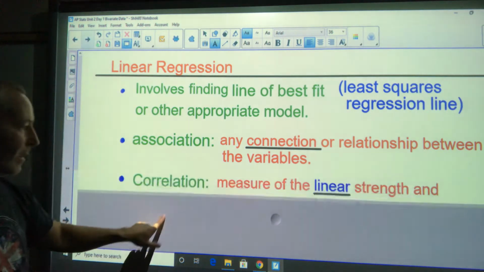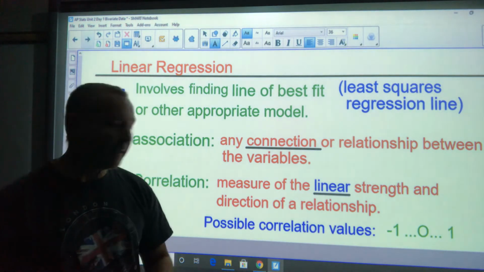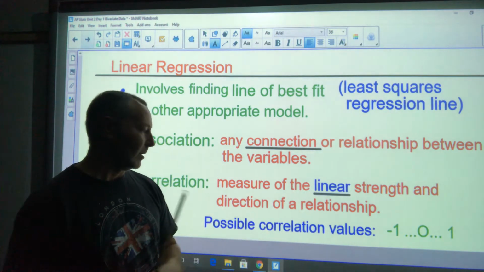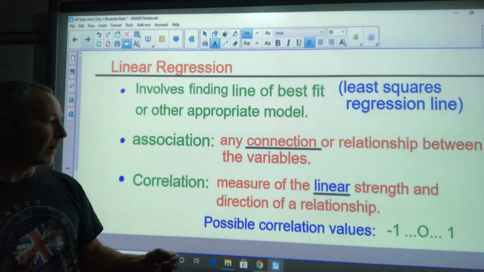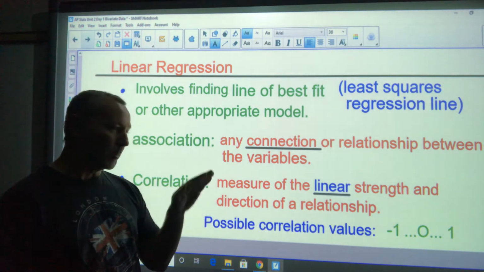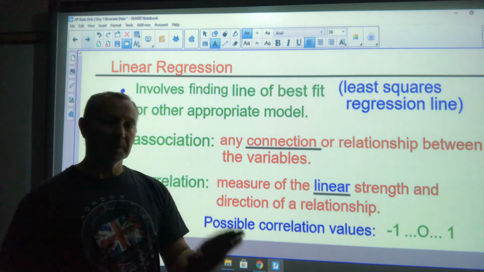In statistics, correlation has a specific meaning. It is a measure of the strength of a linear relationship, so a measure of the linear strength and the direction. Remember, a positive correlation means it's heading uphill, and a negative correlation means it's heading downhill. They can both be just as strong or weak.